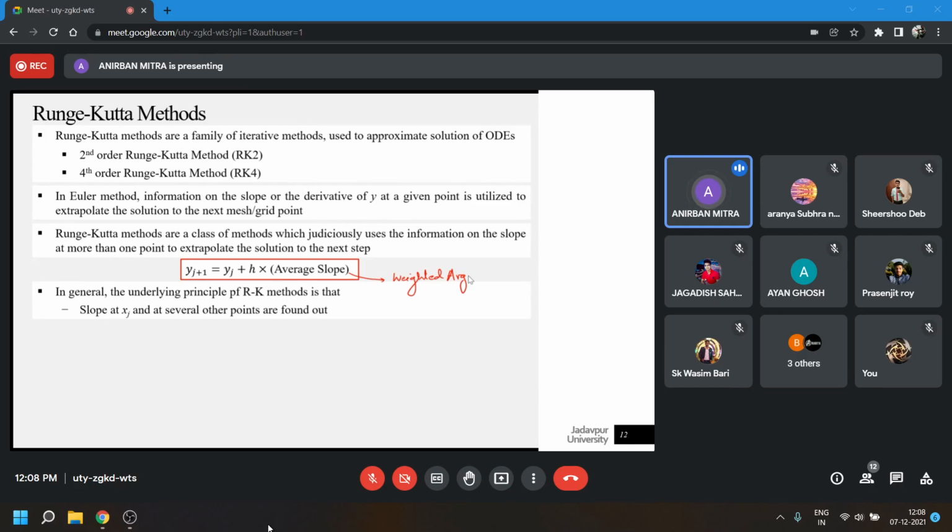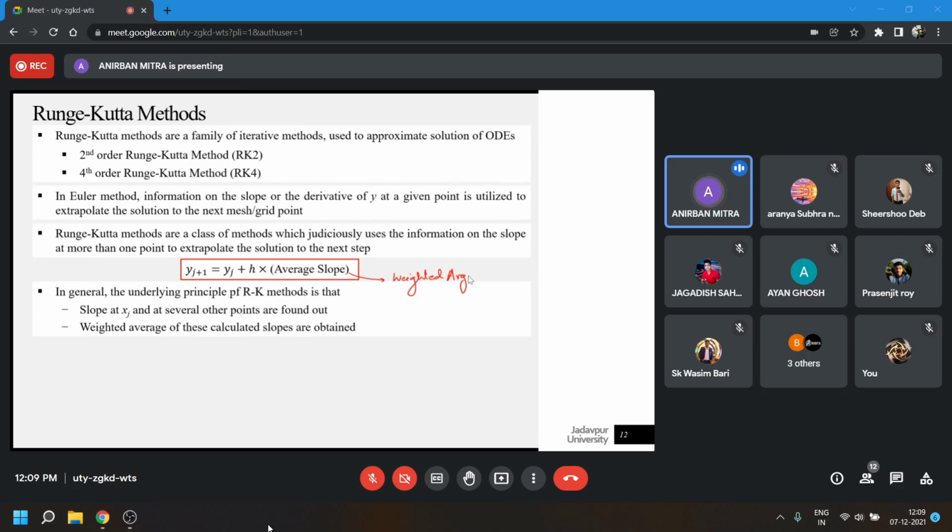We are not limited to a single point x_j. Once that is found out, a weighted average of these calculated slopes is obtained. So that means if we have n number of points on which the slopes have been calculated, all these points are provided with some weight.